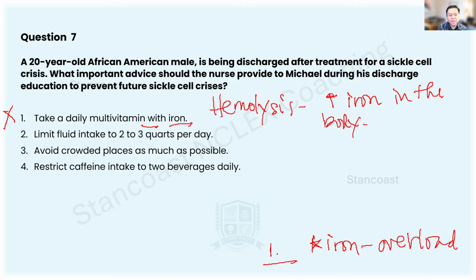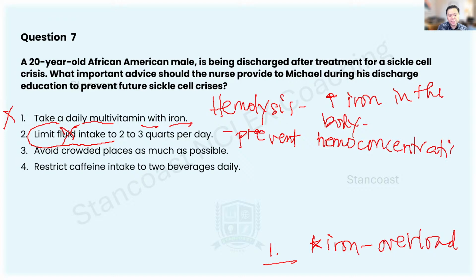The word "limit" is what's making it erroneous. Instead, we need to prevent hemoconcentration. We don't want hemoconcentration because of the higher risk of the clumping between the red blood cells. We want to dilute their blood to prevent sickling.